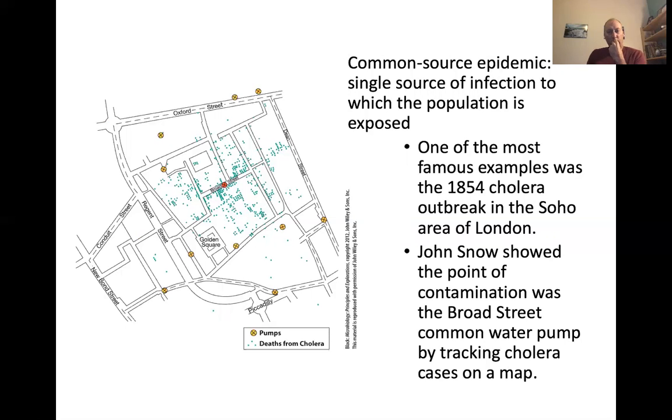And in 1854, there was a major outbreak in one particular neighborhood in London, the Soho neighborhood, and he had the idea to actually map out where infected people were and try to understand what was causing this cholera outbreak.